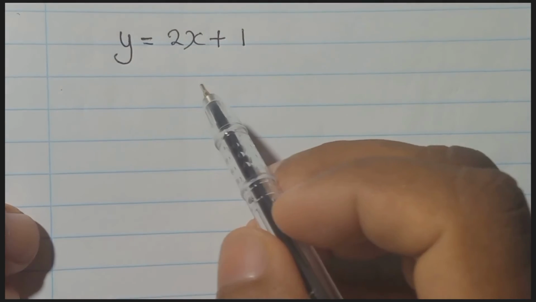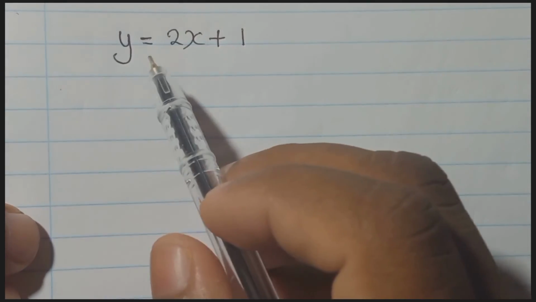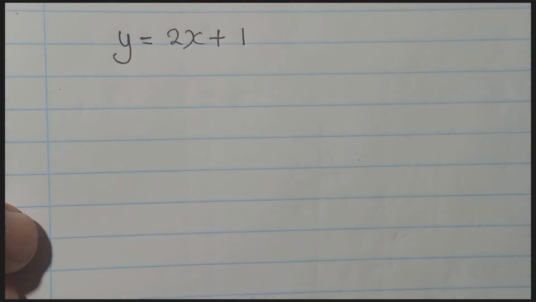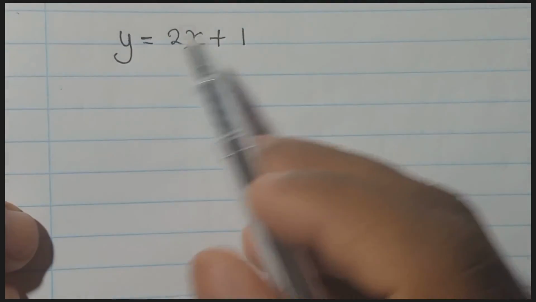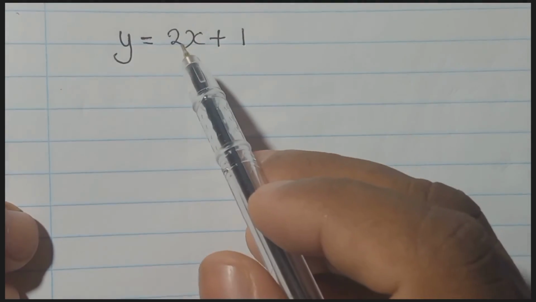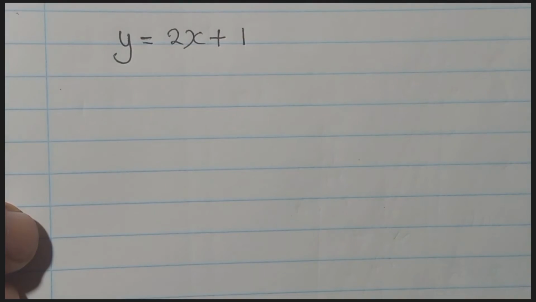Sometimes they ask this kind of question. When they tell you there's a line, they will give it a name, normally line S, line L, like that. It is parallel to this line, and it passes through this point.